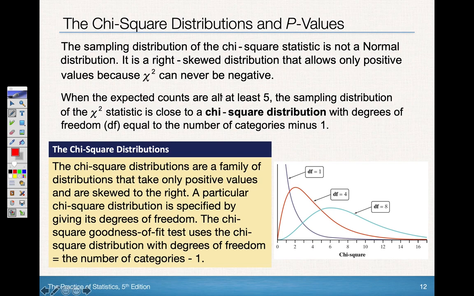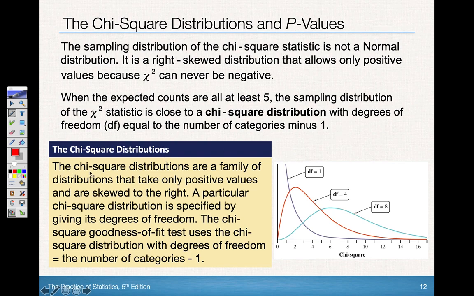When the expected counts are at least 5, so what we're seeing here is we're creating our conditions for inference. We're still going to have some conditions for inference here. Then the sampling distribution of chi-squared follows a chi-square distribution, and we're going to have degrees of freedom here again. It's the number of categories minus 1. So like our colors take away 1.